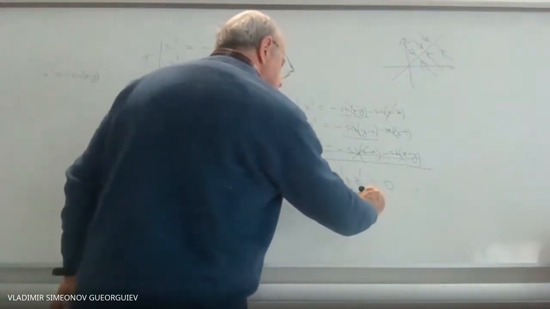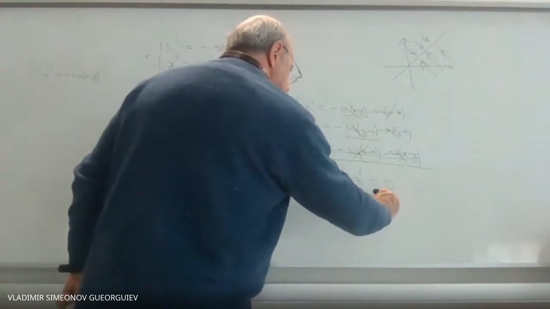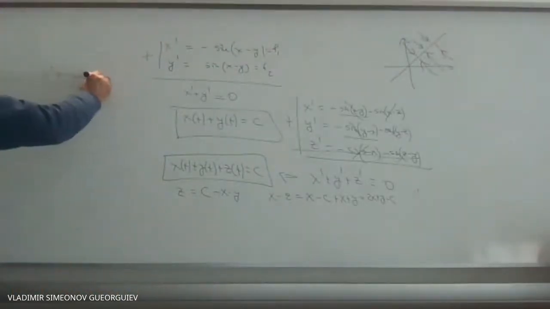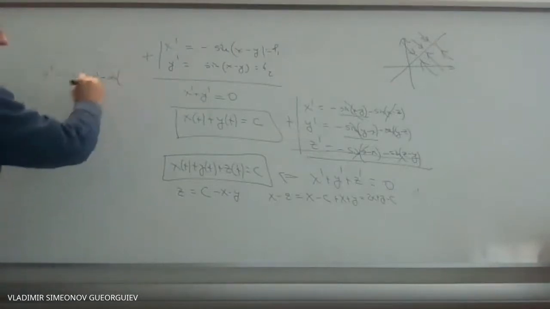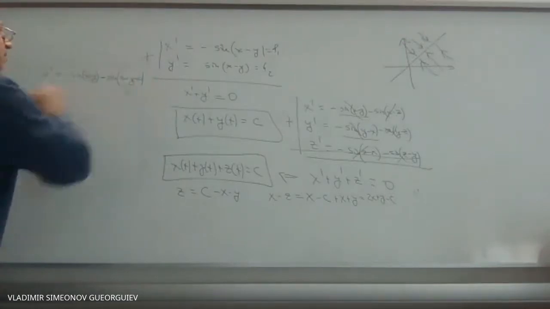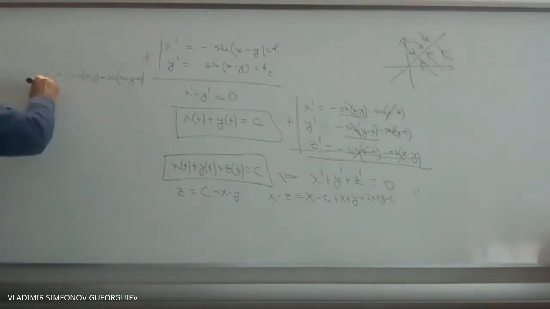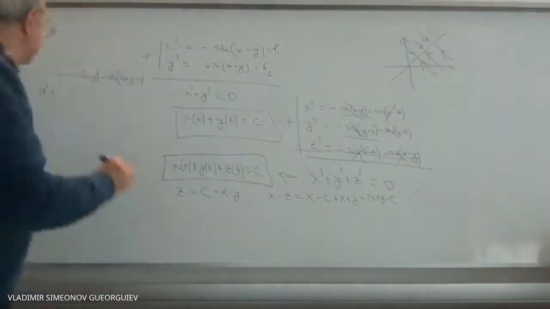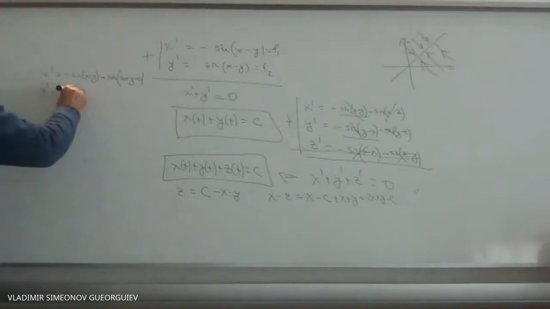So this is 2x plus epsilon minus c. And I have to write minus sine of 2x plus epsilon minus c. Epsilon prime. What is epsilon prime? Minus sine of epsilon minus x.